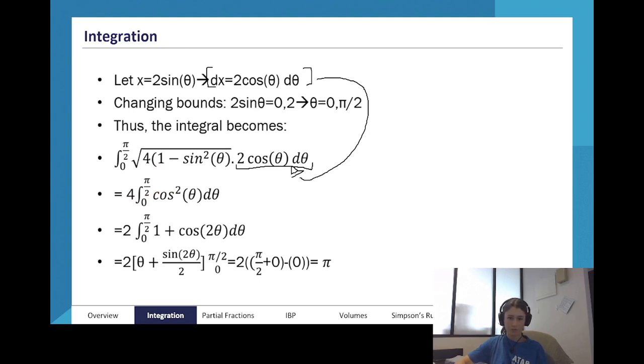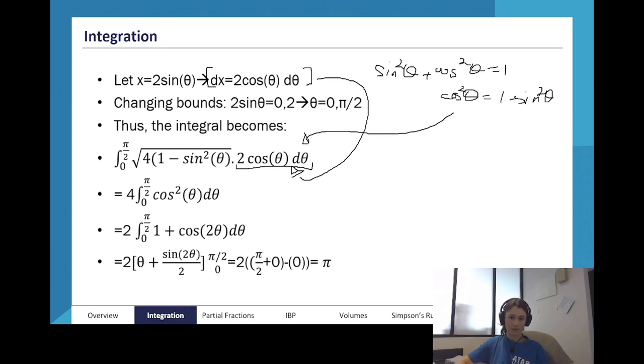Remember, sine squared theta plus cos squared theta equals 1. We just rearranged this to get cos squared theta equals 1 take sine squared theta, and this is what we could substitute in here.